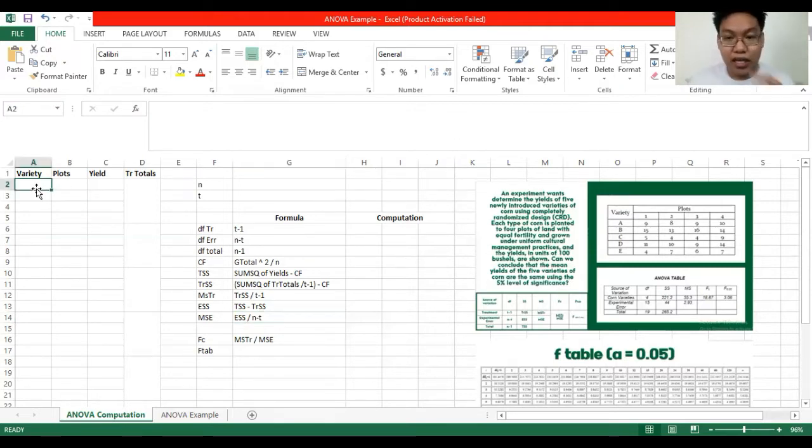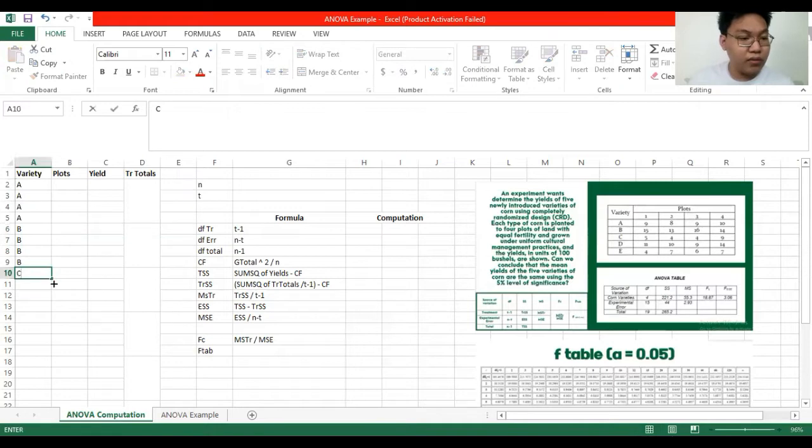For variety, we have 5 different varieties, right? So I will place here A, and since we have 4 replications, 4 plots, 1, 2, 3, 4, I will place A 4 times. The same with B, I will also place it 4 times.